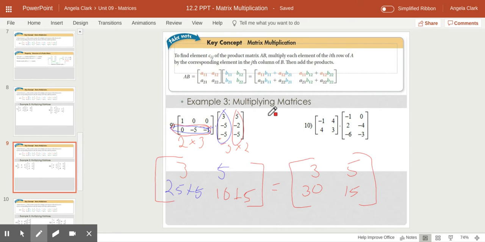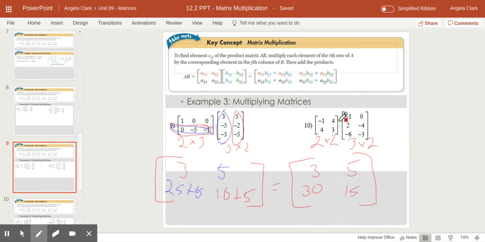In this example, I have a 2 by 2 matrix here. And then I have a 3 by 2 matrix here. Uh-oh. These two numbers don't match. I physically can't do this multiplication because if I did first row times first column, I'd be doing negative 1 times negative 1 is 1, plus 2 times 4 is 8, plus, what do I do with the 6?